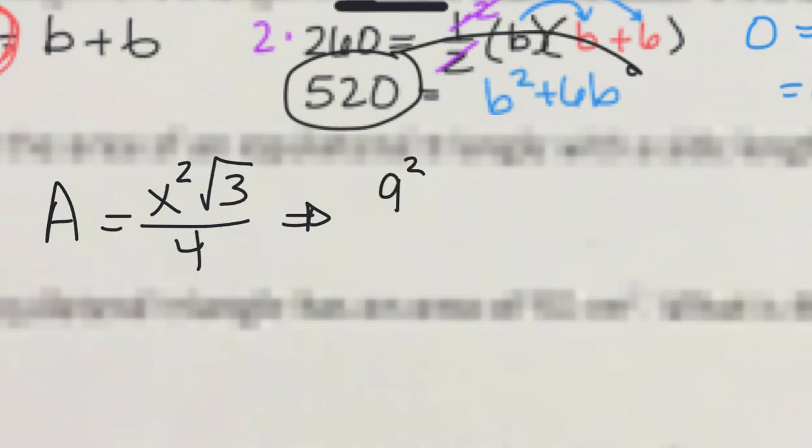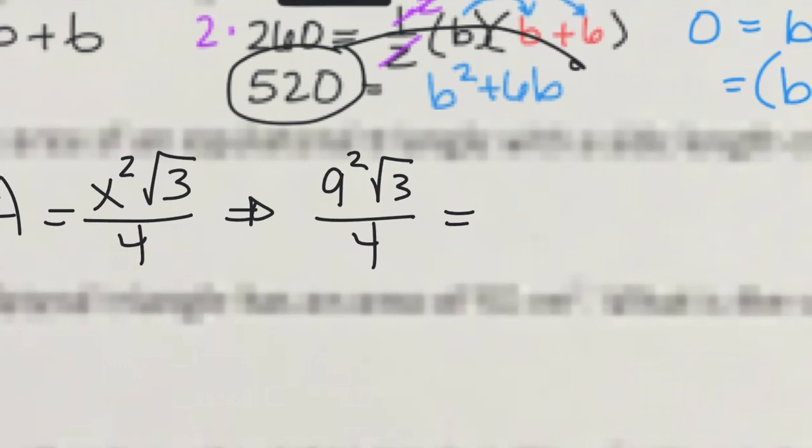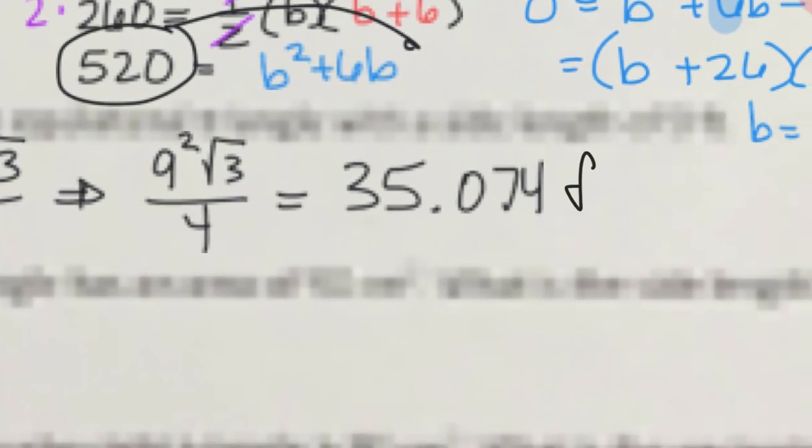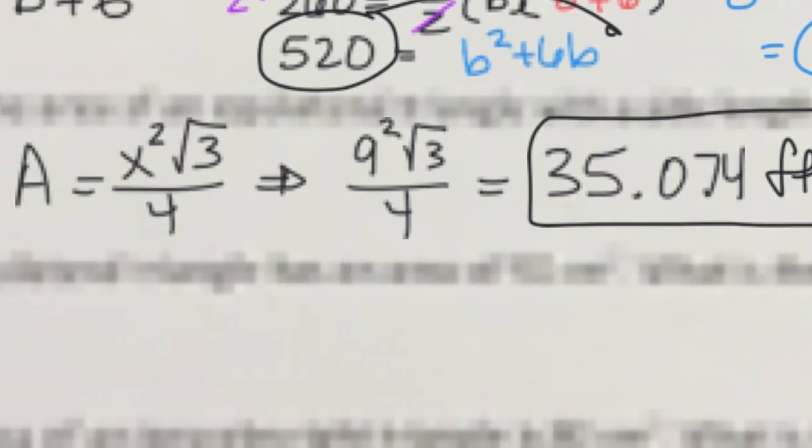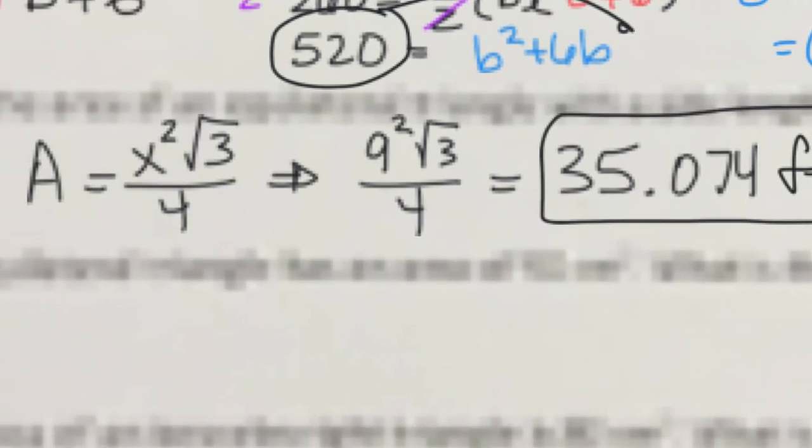Put it away while I pass out the test, and then write it down on your paper the moment that you get it. Side squared, root 3 divided by 4. You should be getting 35.074, and our units are square feet. Side squared times the square root of 3 divided by 4.